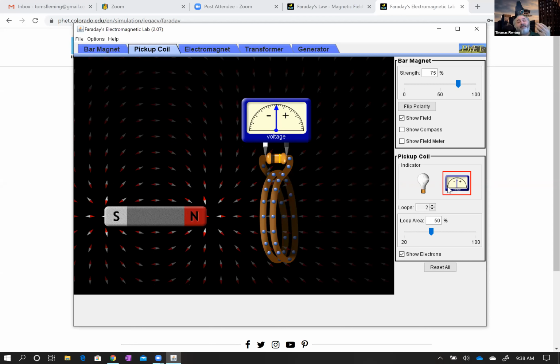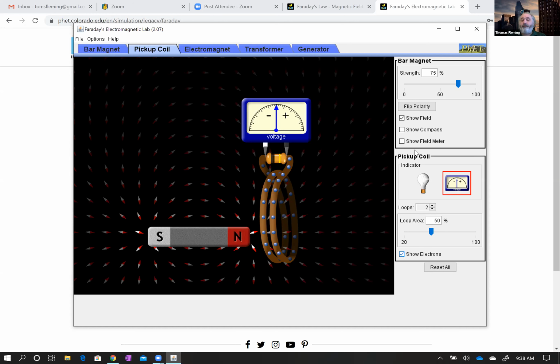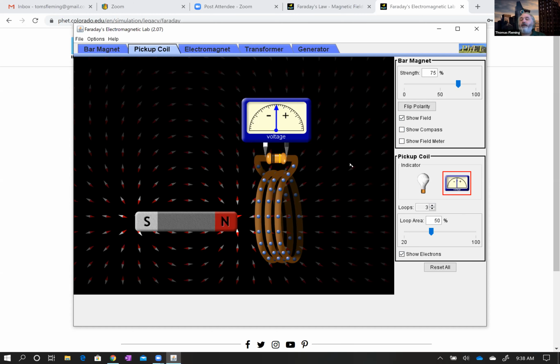He was not expecting any kind of voltage. However, as he's mucking around in the lab, he notices that when he moves this magnet around in the presence of the coil, he notices his voltmeter starts to jigger around.